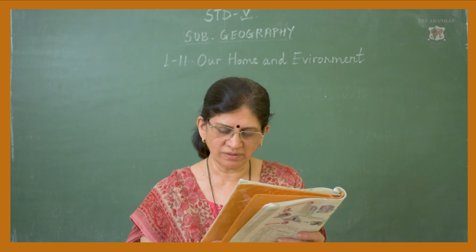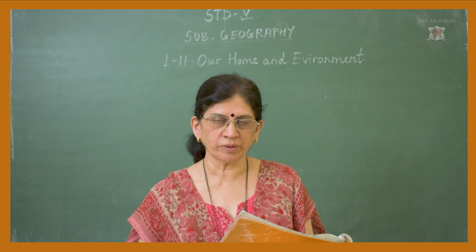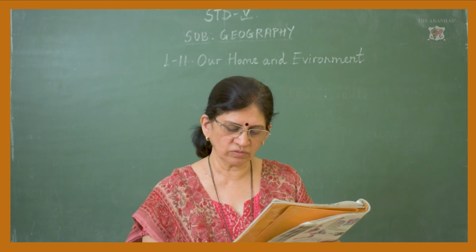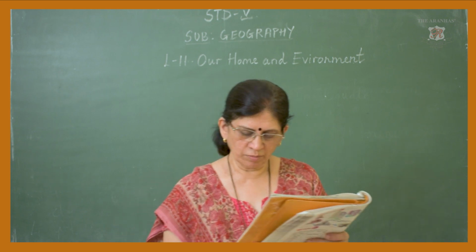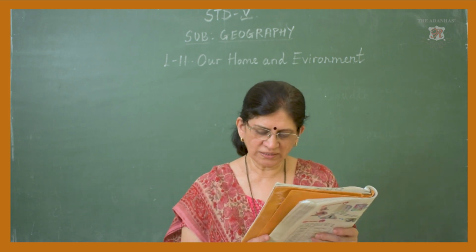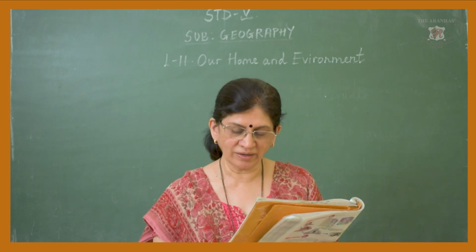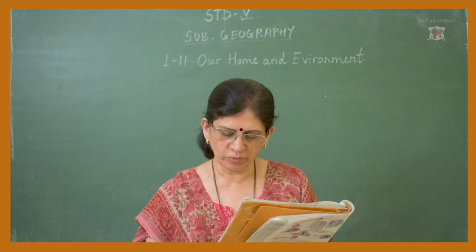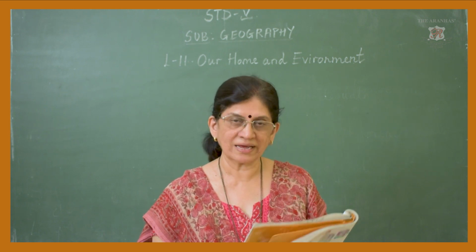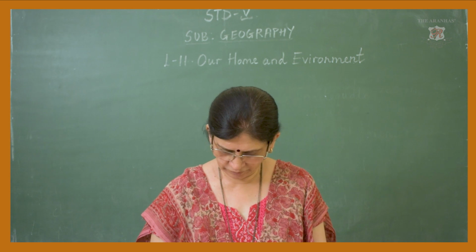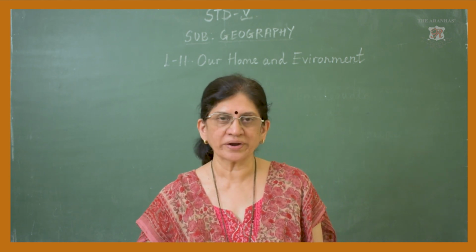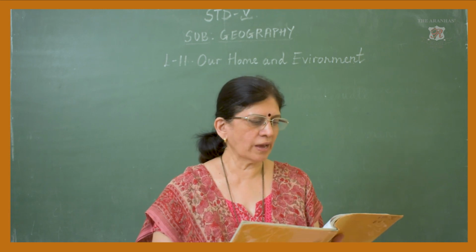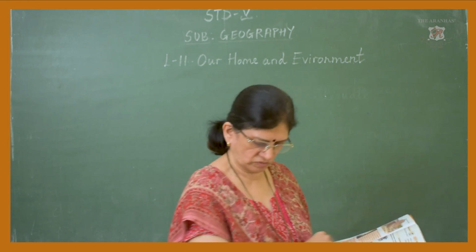So these animals prepare their shelters, which are not permanent, and they use various materials which are found in the environment. Last year we saw their shelters are eco-friendly and temporary. We should also be able to make permanent houses that are eco-friendly. Let us see what an eco-friendly house is.